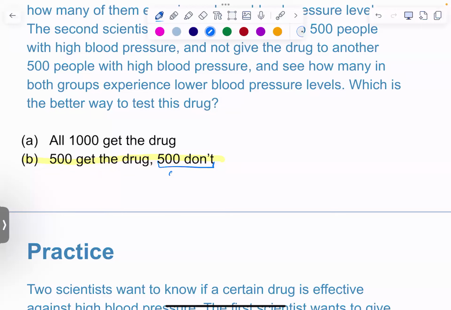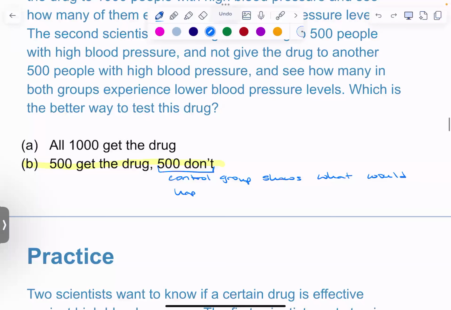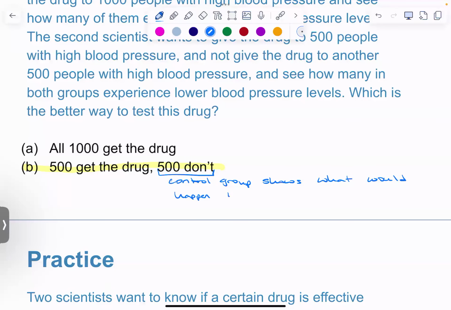So here, the control group shows what would happen by random chance alone. There's been a lot of studies done on the placebo effect, right?